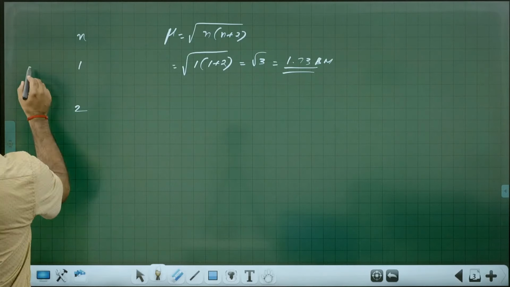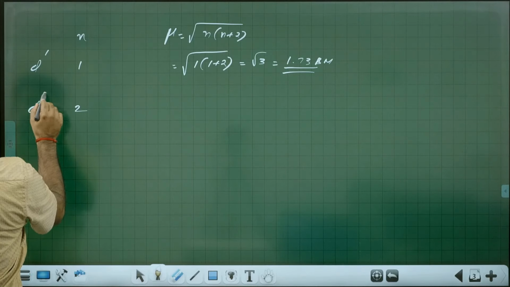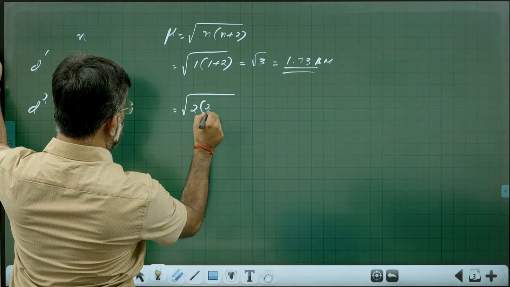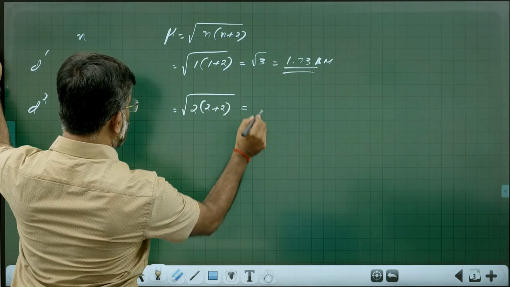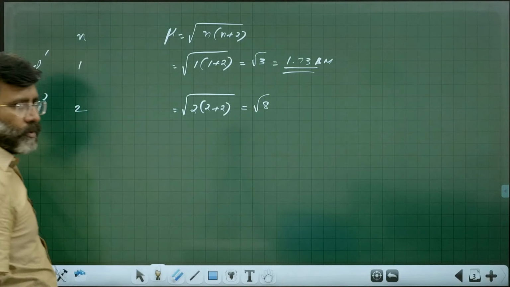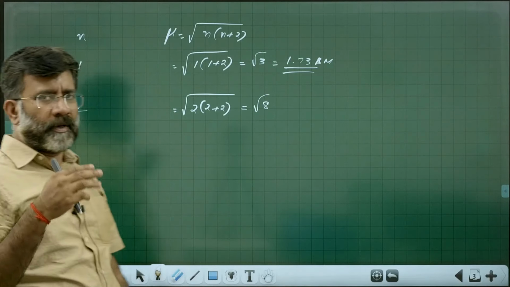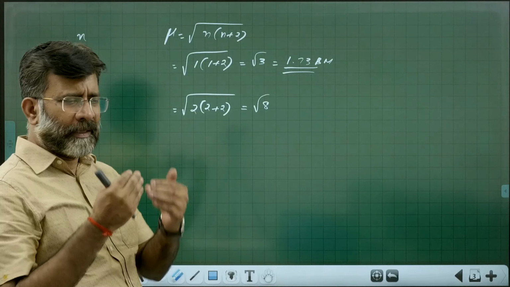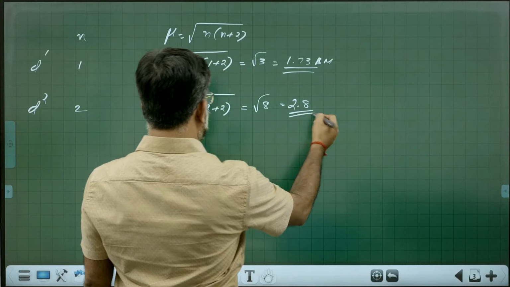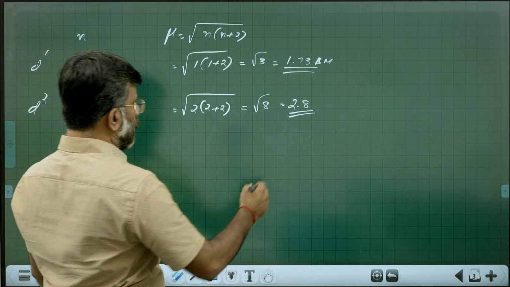What about the number of unpaired electrons 2? This is d1 and this is d2. It will be root of 2 into 2 plus 2, which is root 8. Root 9 will be 3, so root 8 will be slightly less than 3, maybe in the 2.8 or 2.9 range, Bohr magneton.